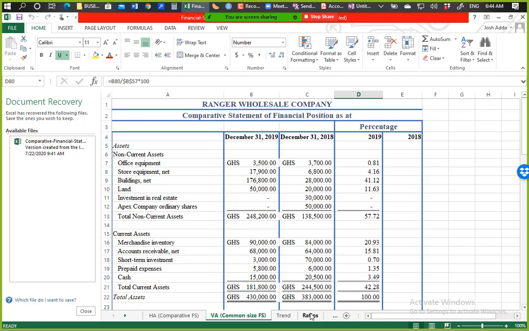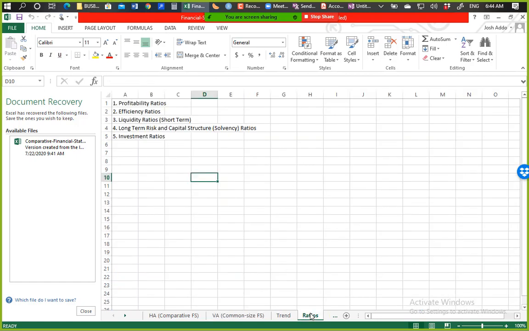Today, our main work is to talk about ratios. In ratios, I know that some of you have had a test of ratio calculations. So for some of you, it will probably be a means to revise what you know already.